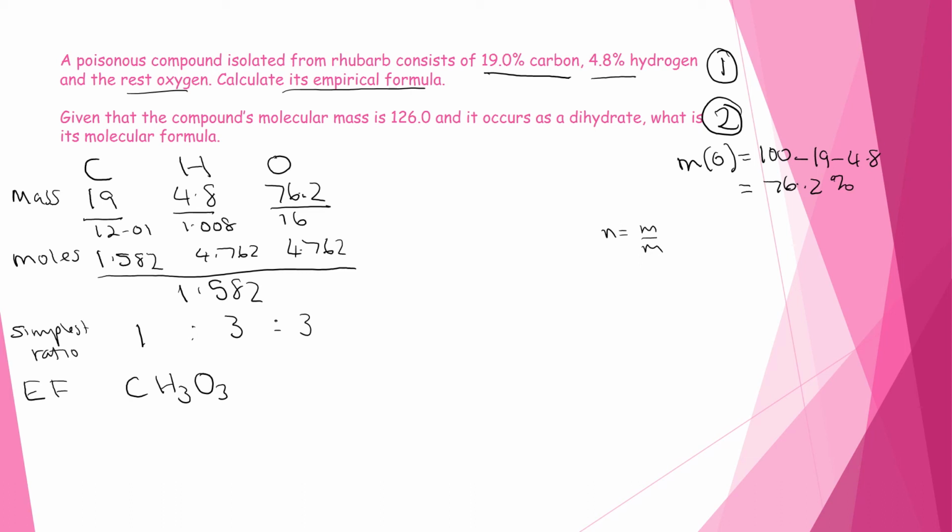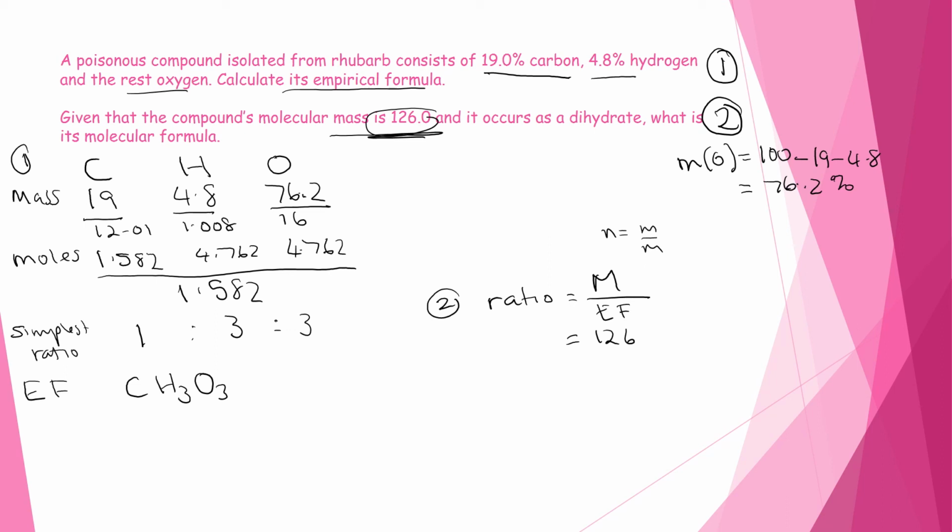Now we're moving on to the second part of the problem, which is about how to work out the molecular formula. We've been told that the compound's molecular mass is 126. We need to work out the empirical formula mass so that we can do a ratio. The ratio is always going to be equal to the molecular mass divided by the empirical formula mass. So in this case it's 126, which is given in the problem.